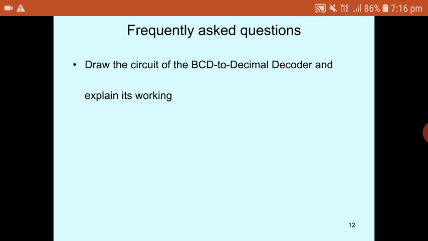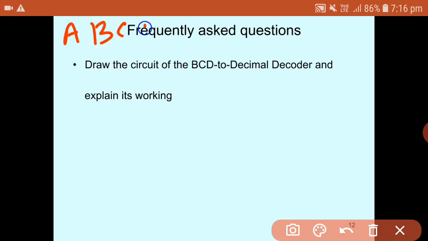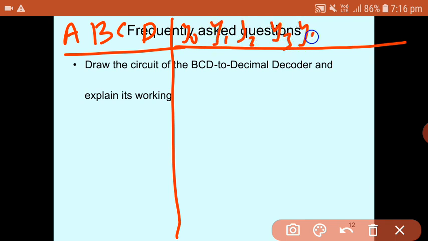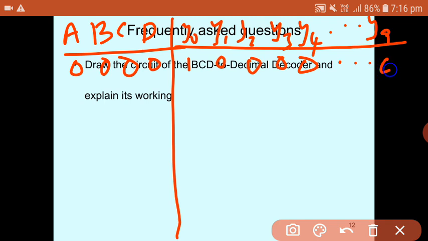For the truth table, you can consider the inputs A, B, C, D like this, and the 10 outputs: Y0, Y1, Y2, Y3, Y4 and so on, up to Y9. For the first combination 0 0 0 0, only the Y0 output will become 1, and all remaining outputs will become zeros.